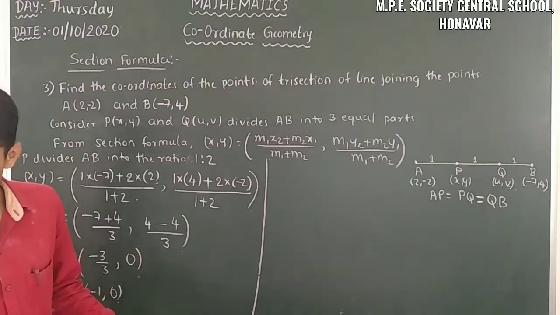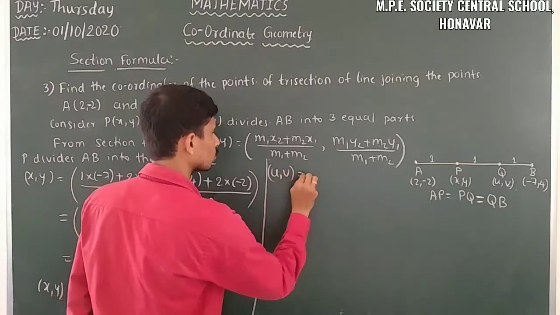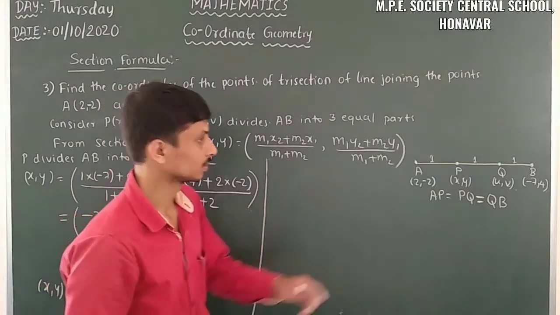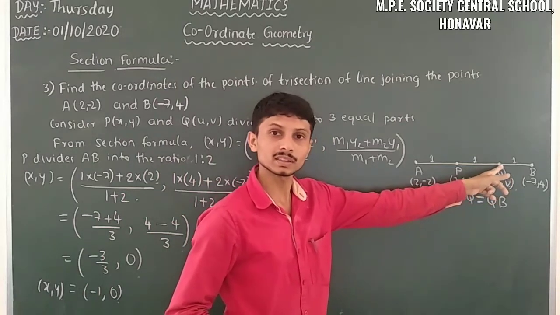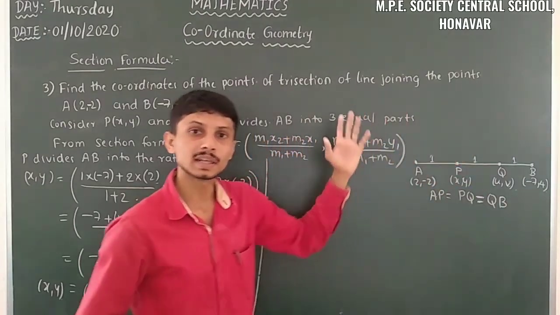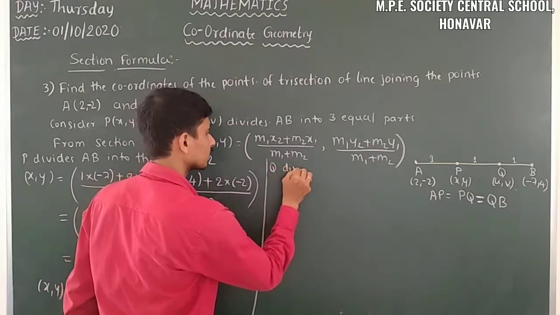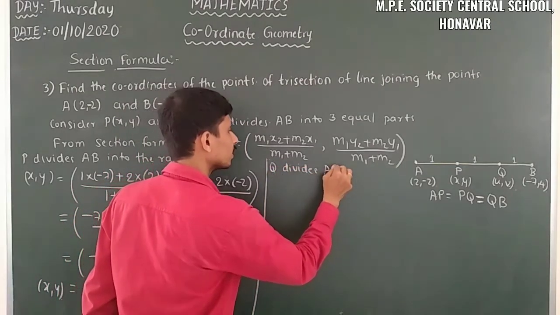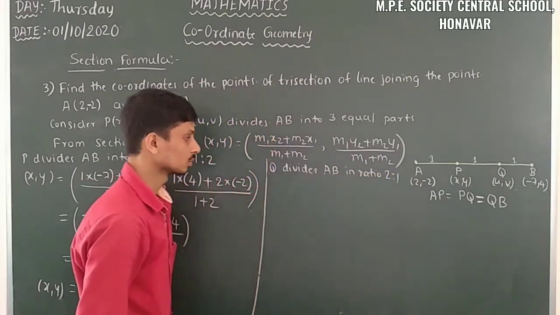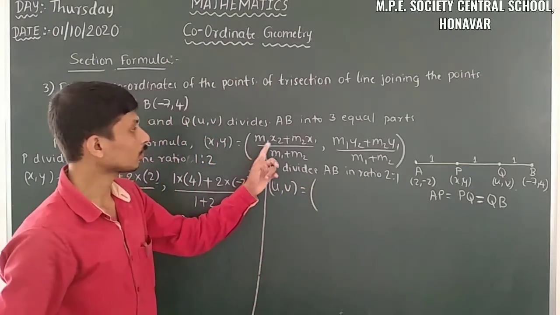Simultaneously we have to find the value of (u, v). Let us take Q. When we consider Q, this complete part is one distance and here it is one distance. Q divides AB in the ratio 2:1. Let us consider (u, v) is equal to m1 x2 plus m2 x1, same as before.